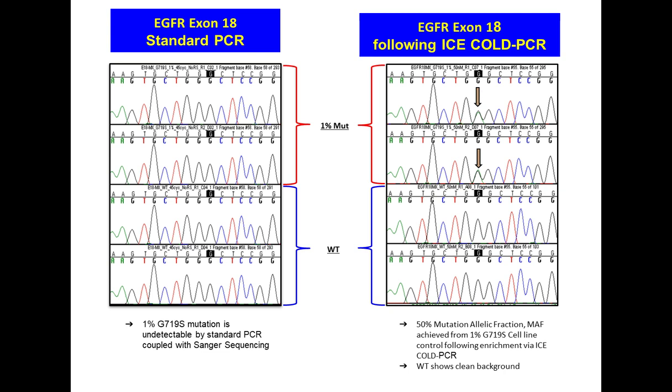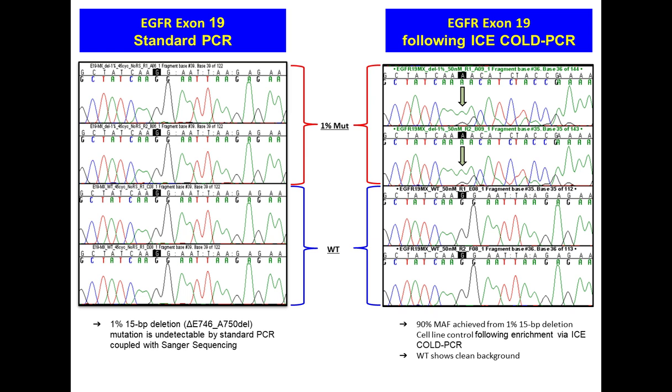And here we demonstrated that Sanger sequencing also works after multiplexing the four EGFR amplicons, exon 18, exon 19. One can go down to very low levels. Standard PCR on the left, ice-cold PCR on the right.